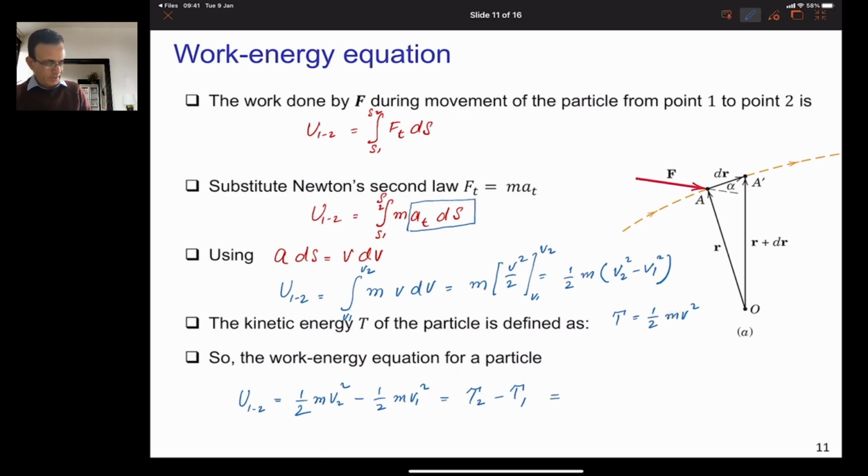So we can also write delta T, which is the change in kinetic energy, as T2 minus T1. So we derived this equation, that U12, which is the work done by the force from 1 to 2, is equal to T2 minus T1, which is equal to delta T. So this is the equation that we derived here.